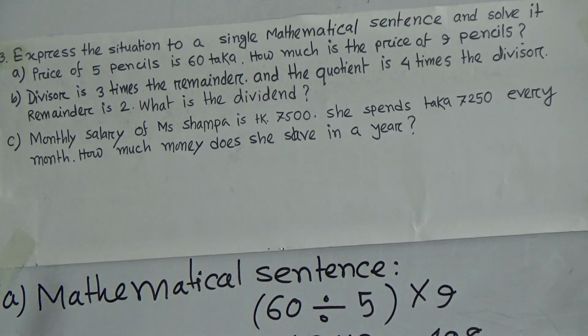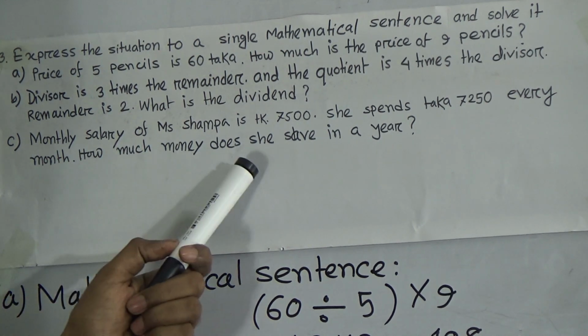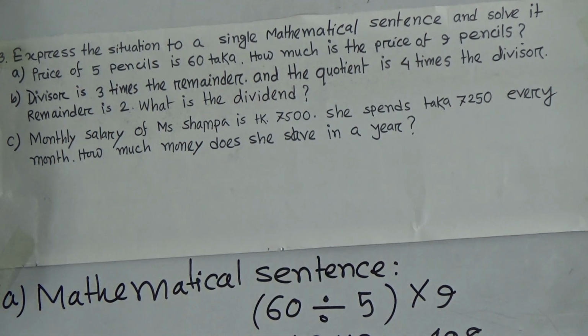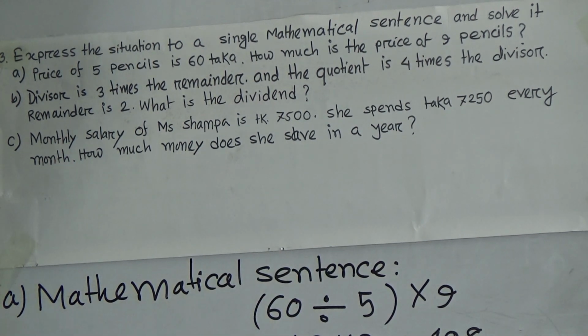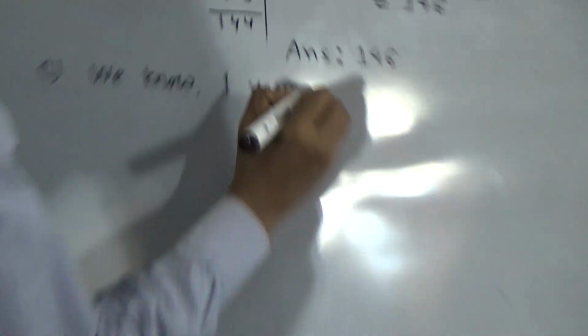Now the question: how much money does she save in a year? We know a year equals 12 months. At first we have to write, we know 1 year equals 12 months.